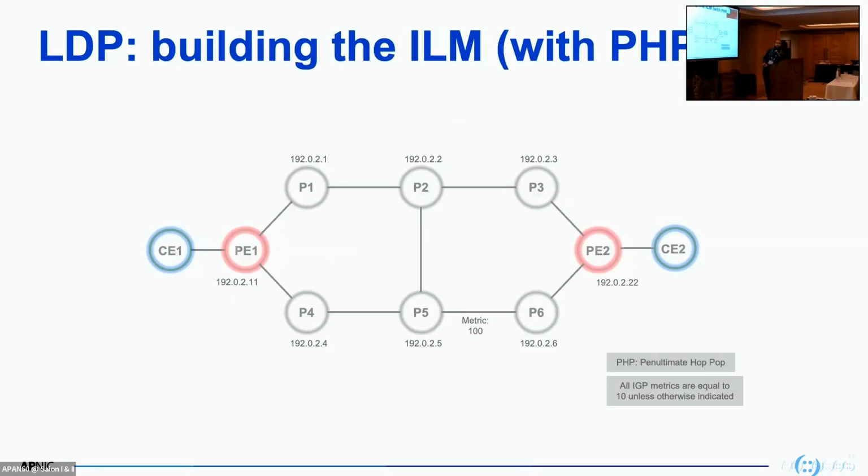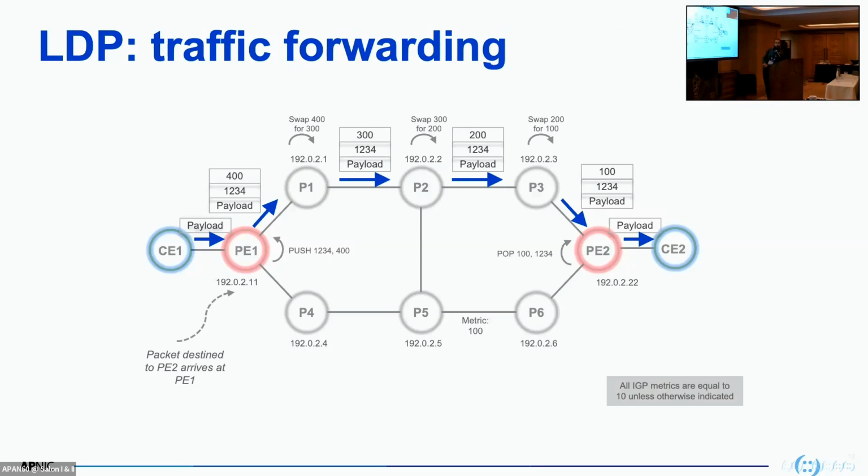So the time when the packet comes from C1 to PE1, PE1 will look at the IPv6 and know that the destination should be in PE2. Then inside the MPLS domain, they will no longer look at the IPv6, just look at the label, is it? Yes.